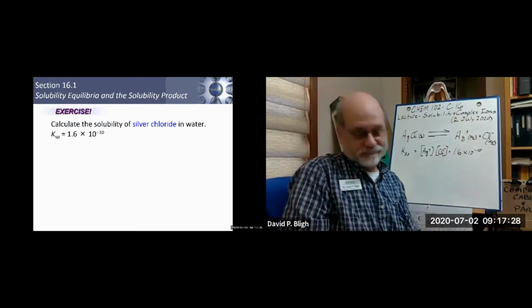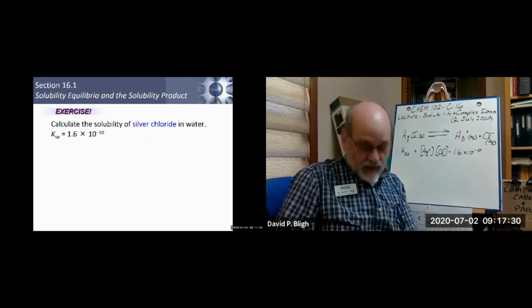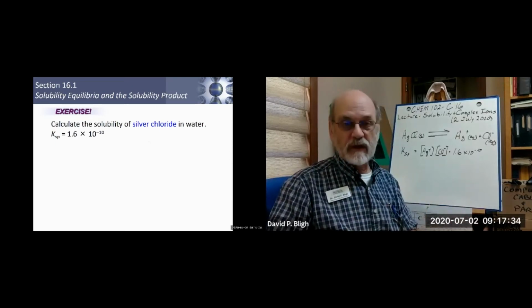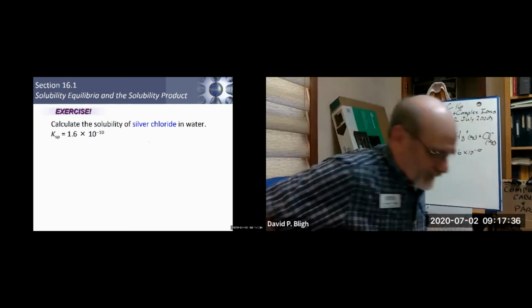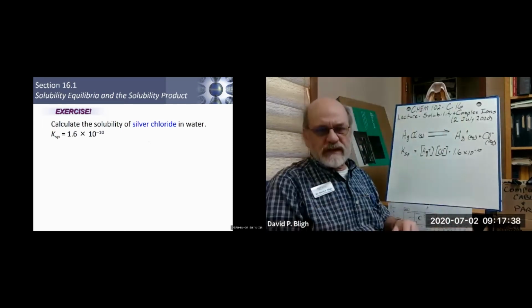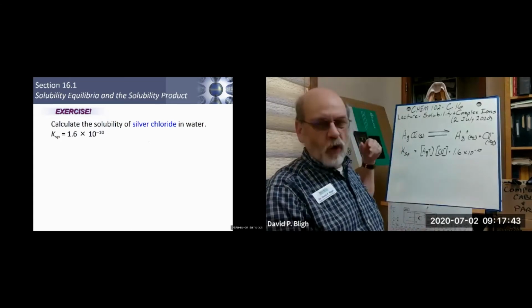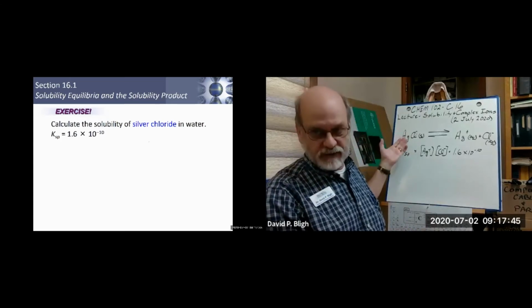I mean, you can write a solubility expression for a completely soluble compound. That's valid. But normally we deal with solubility products in terms of what we normally consider insoluble compounds.